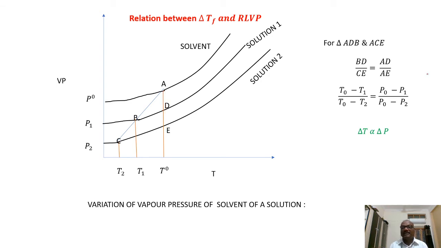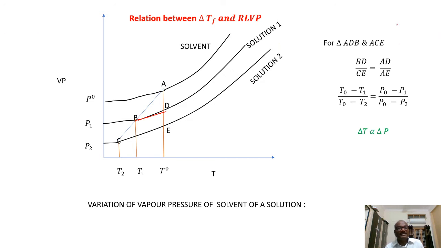So what is BD? It is T0 minus T1, and CE is T0 minus T2. This is equal to AD, which is P0 minus P1, whereas AE is P0 minus P2. We substitute. So what is T0 minus T1? It is the depression of freezing point of the first solution. Correct or not?